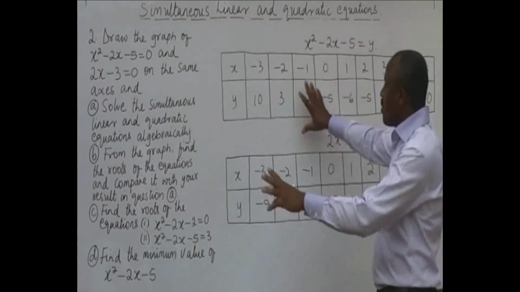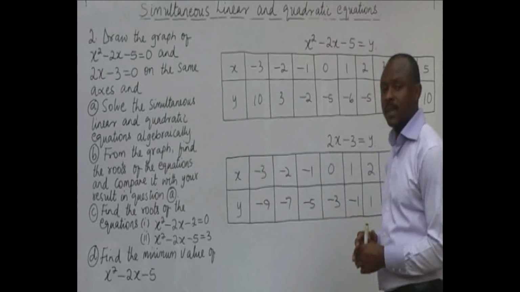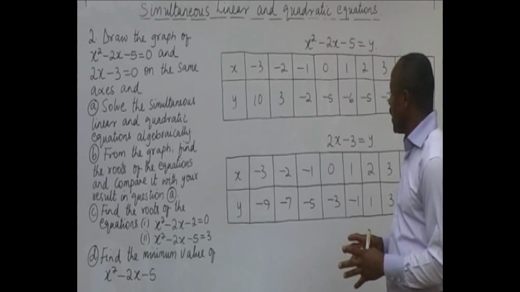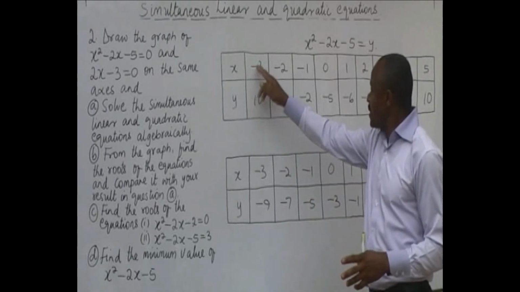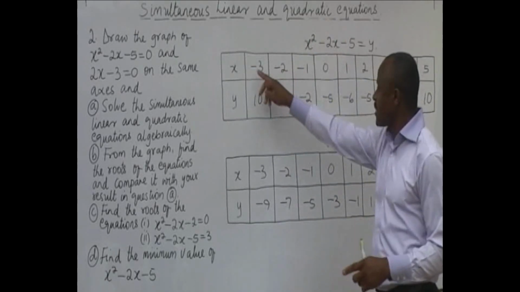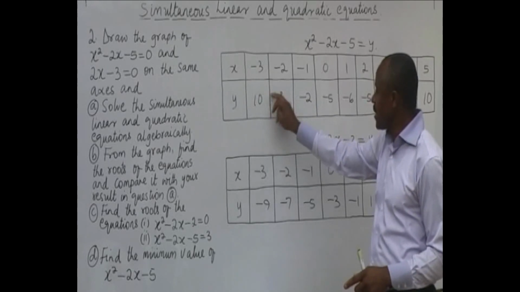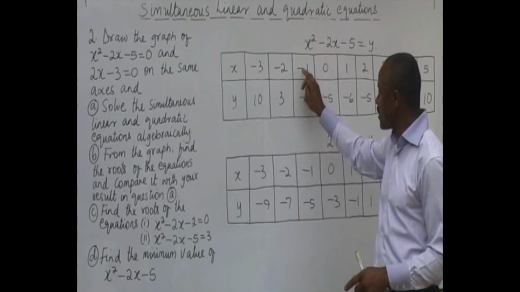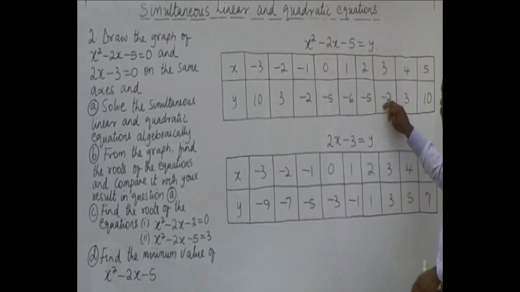Now this is the table of values that we have labeled in constructing. For the quadratic, when x is minus 3, y is 10. When x is minus 2, y is 3. When x is minus 1, y is 2. When x is 4, y is 3. And when x is 5, y is 10.